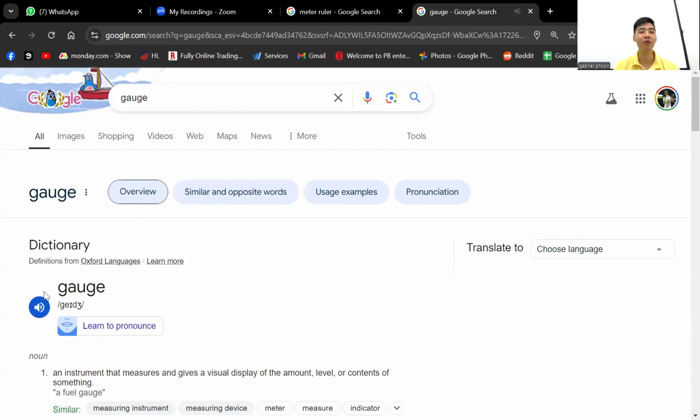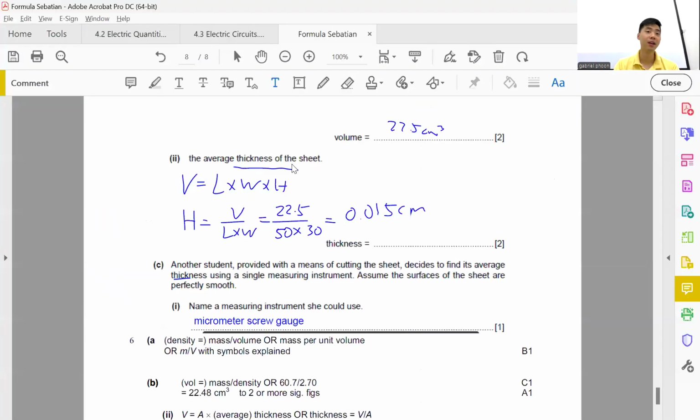You are wrong, my friend. Gauge. It's gauge. Okay. Oh my god. American and British. Nah, don't try to high-tech English me, bro. Gauge, bro.